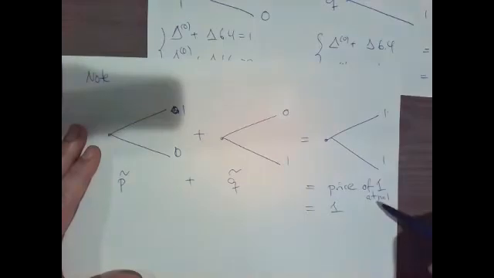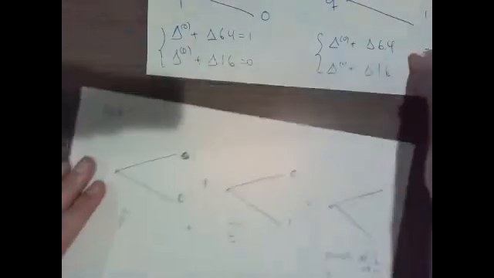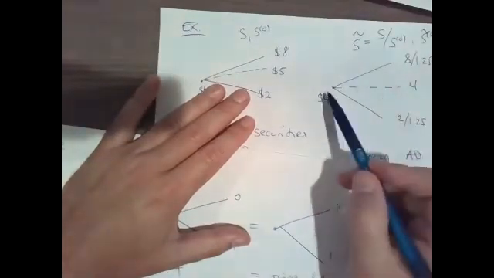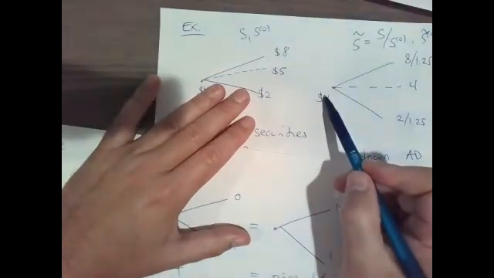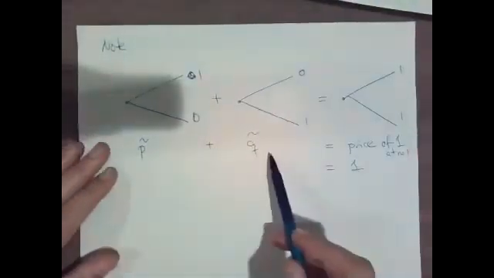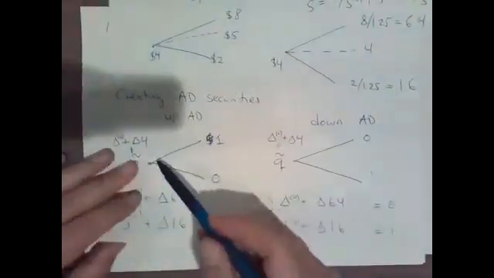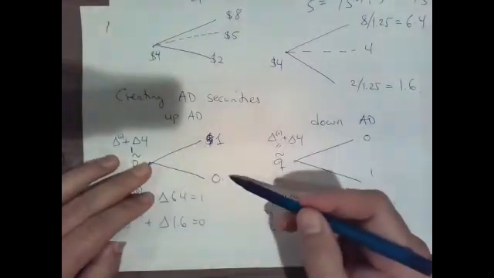Price of getting 1 at time 1, well, you know what that is in this discounted market. Because the money market account is flat, getting $1 at the end is the same thing as getting $1 at time 0. So you know that P tilde and Q tilde must sum up to 1. On the other hand, looking at the diagram, P tilde is the value of getting either 0 or 1.